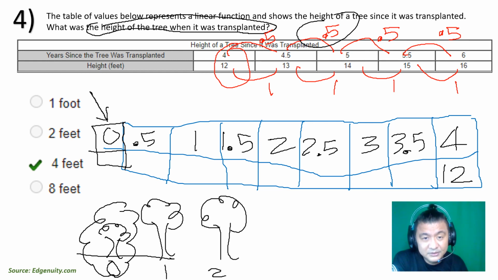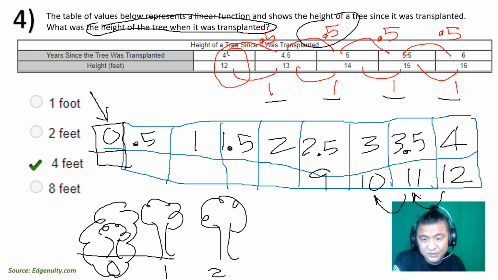Now look at this. For every half a year, it goes up by 1. If we want to work backwards, do we subtract 1 or add 1? We subtract. 12 minus 1, you're at 11. You're at 10, meaning at year 3, the height is 10 feet. At year 2.5, the height is 9. We're just taking away 1. Remember that.